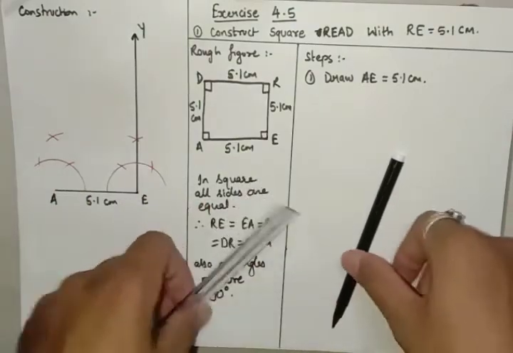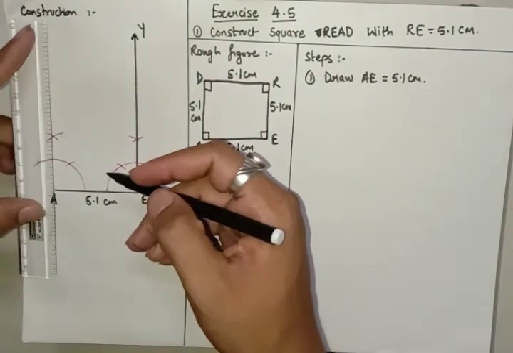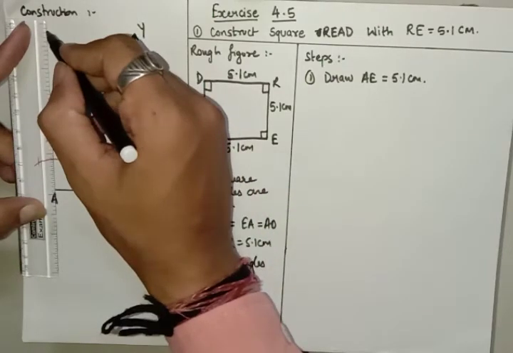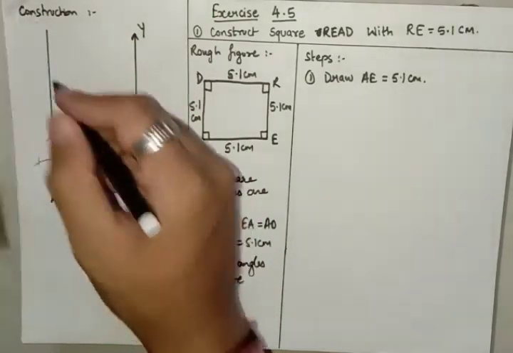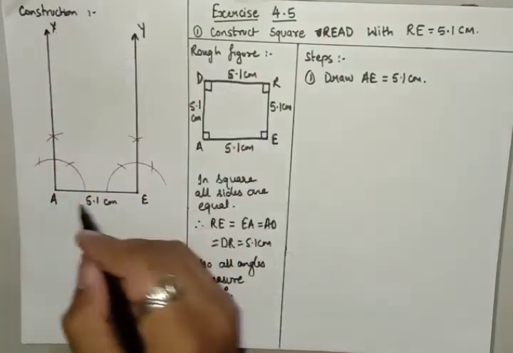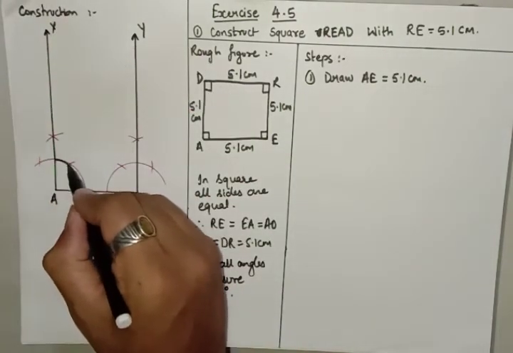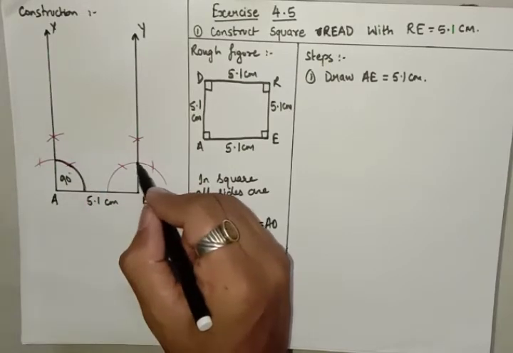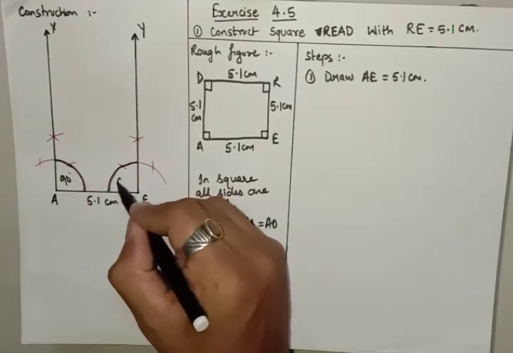Now joining this point of intersection to A and producing it to point X. Okay, so now I have angle A equal to 90 degree and angle E equal to 90 degree.